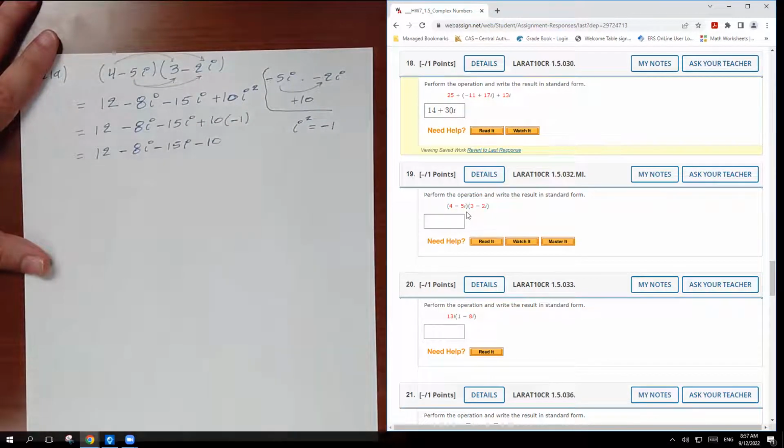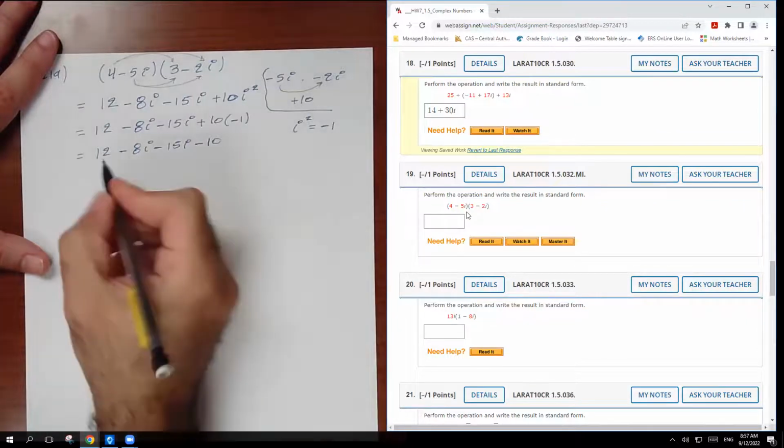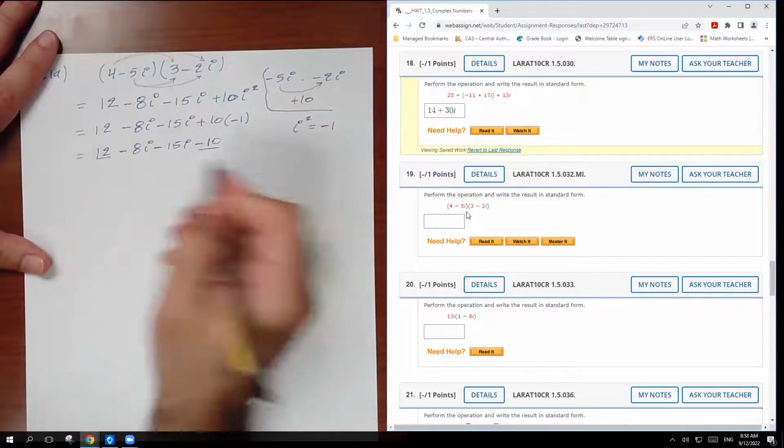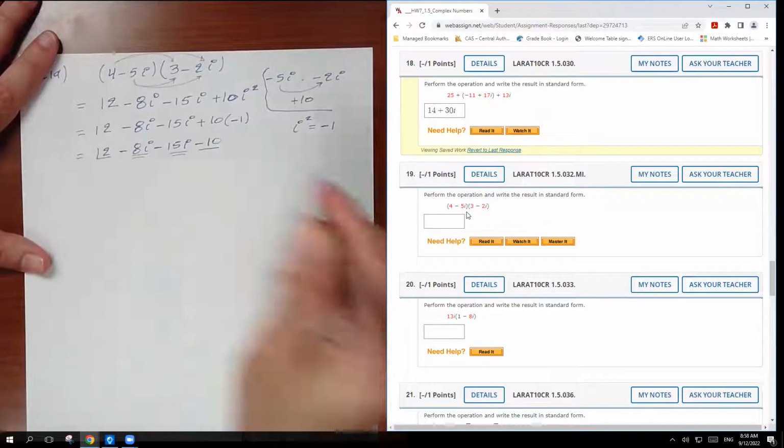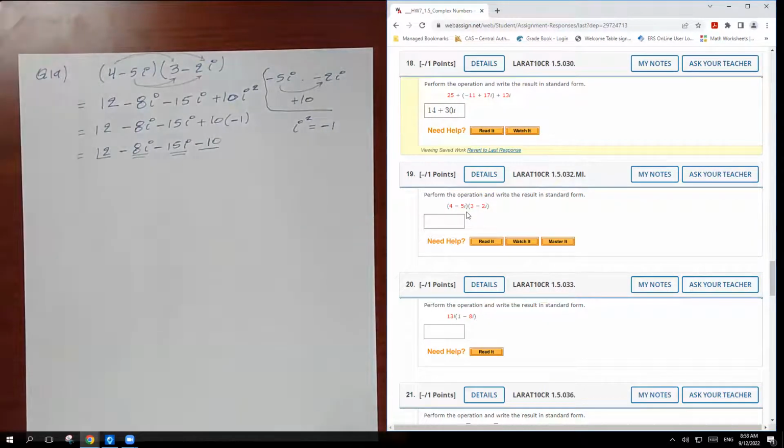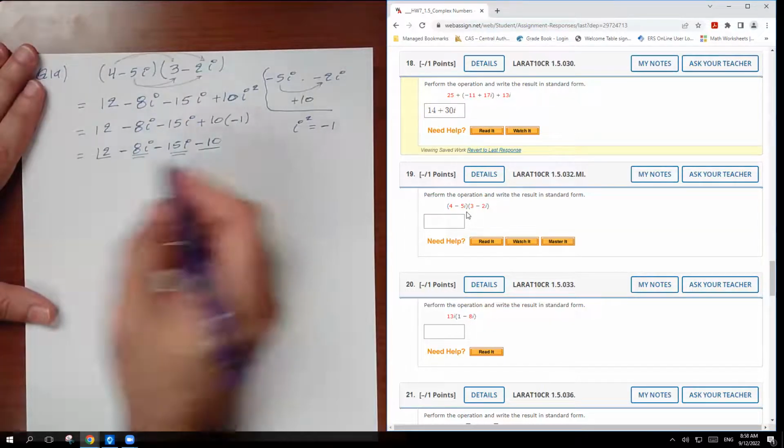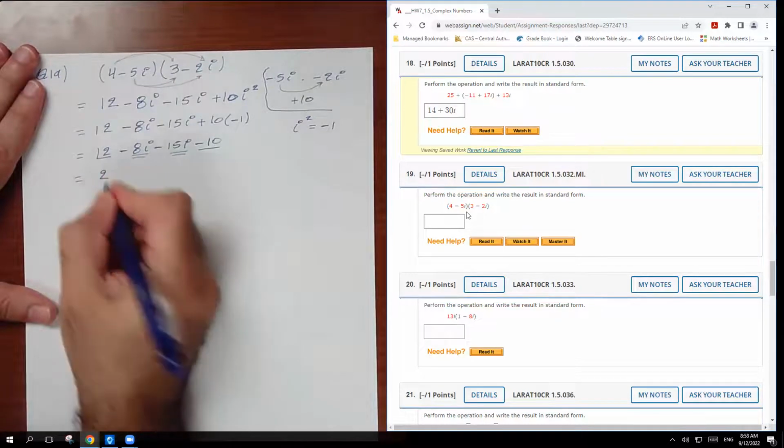Now we're going to combine the terms. This one is similar to this one, and here's i, and here's i. 12 minus 10 is going to be 2.